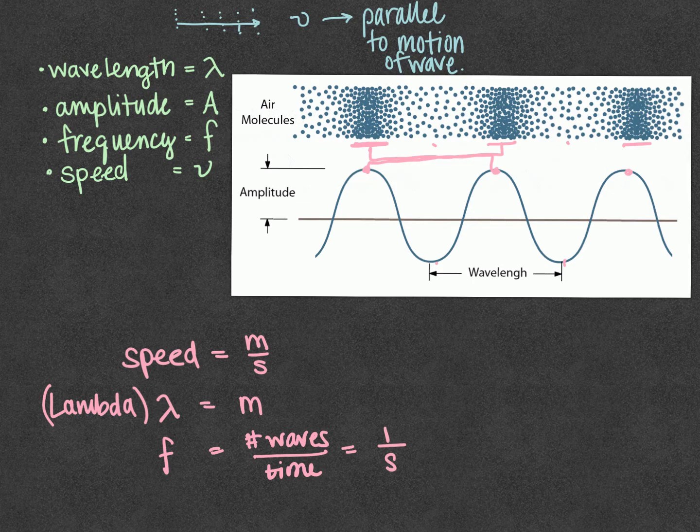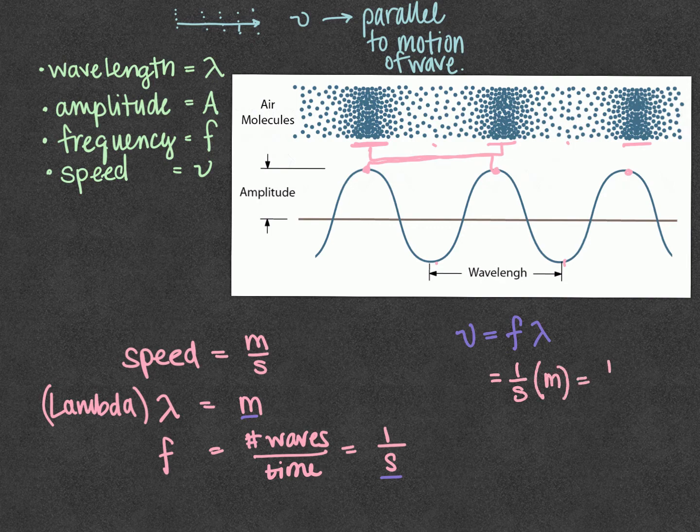So if our speed is in meters per second, I can multiply my frequency and the wavelength to get the right unit. Let's check that. The frequency would be 1 over seconds, and the wavelength would be meters.